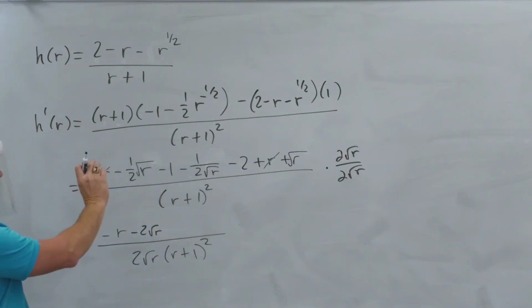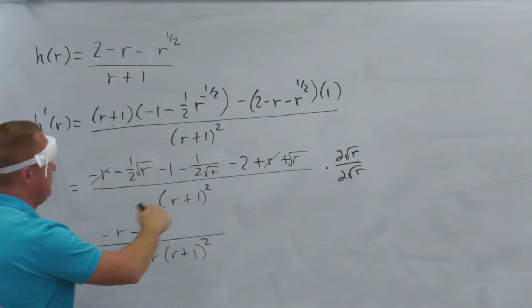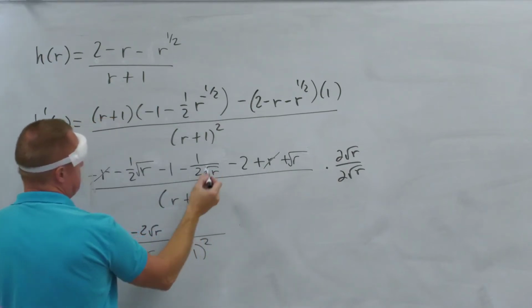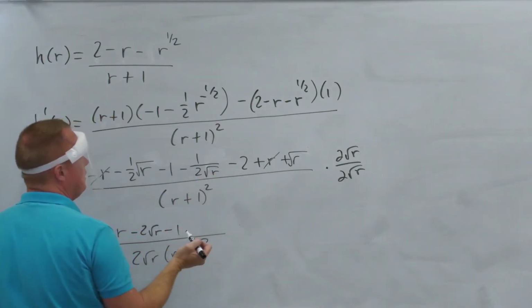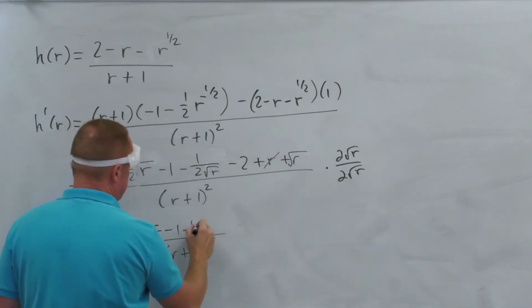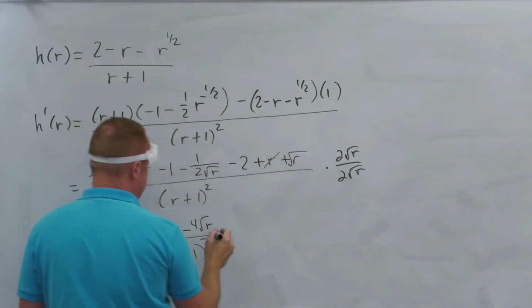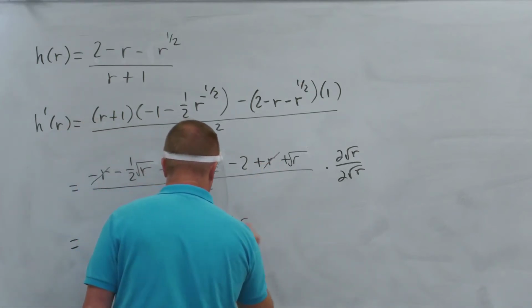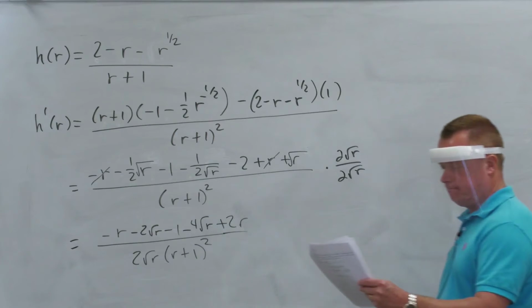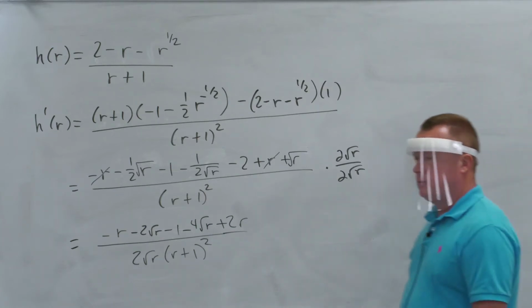Now I've got the fraction 1 over 2 root r times 2 root r, so that will cancel that out altogether. The 2 root r cancels with that one, so that would be minus 1. And then I got minus 2 times 2 root r, so that'll be minus 4 root r. And then root r times 2 root r would be 2r. Okay? Questions?